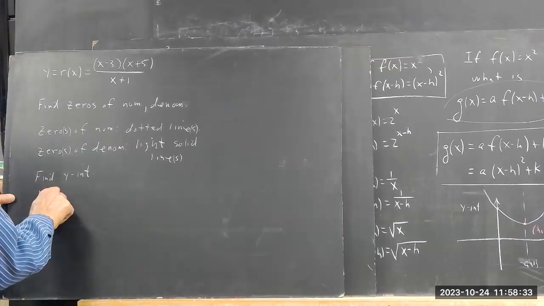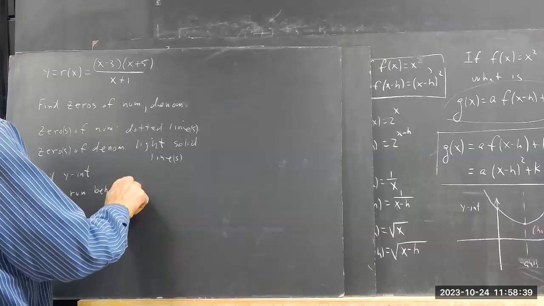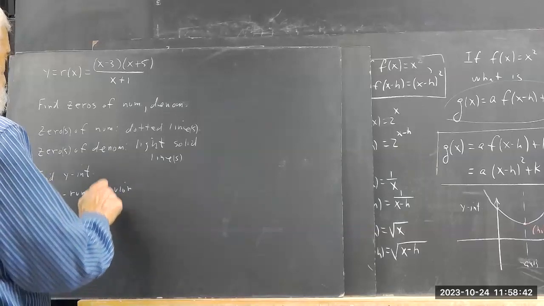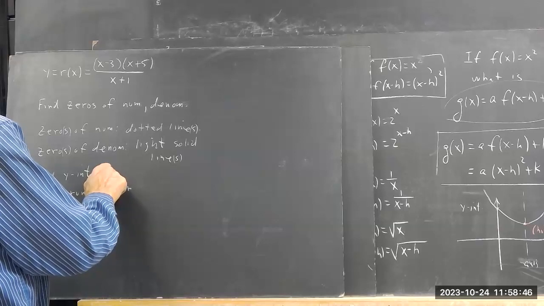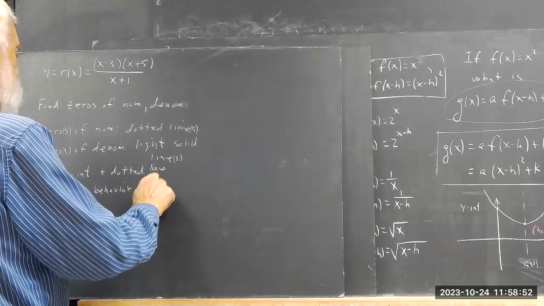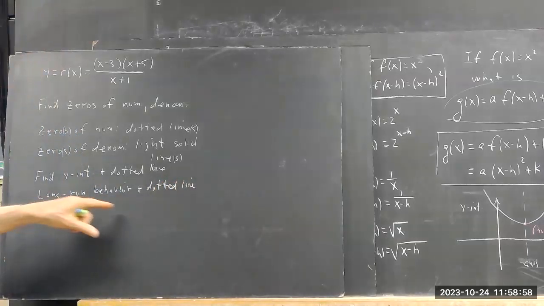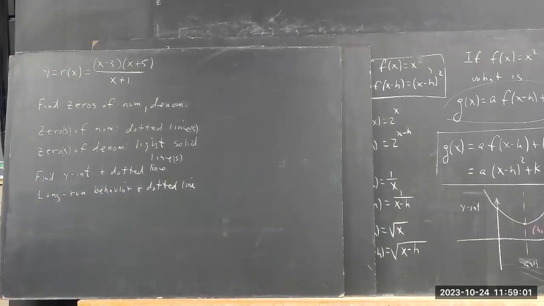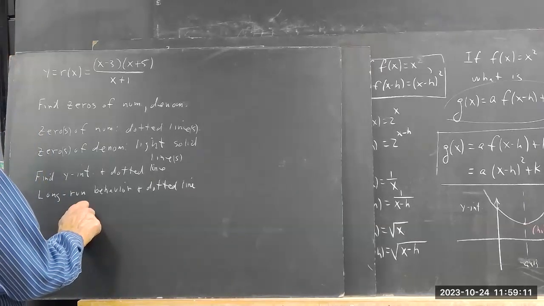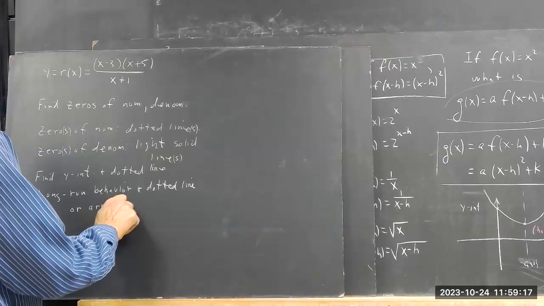And then we do the long run behavior with the dotted line, or arrow.